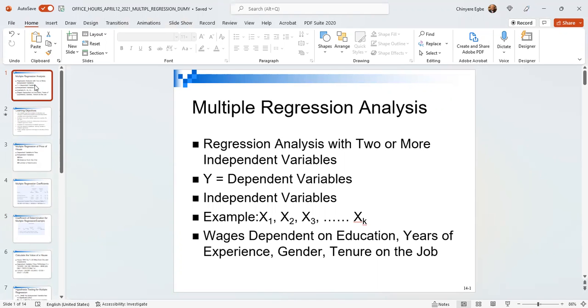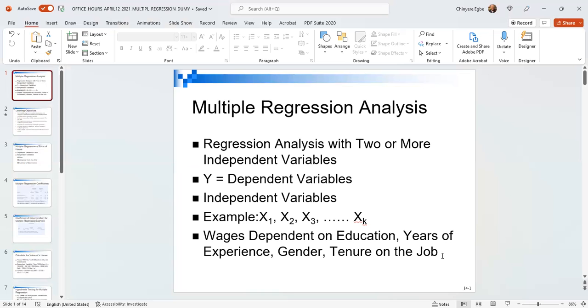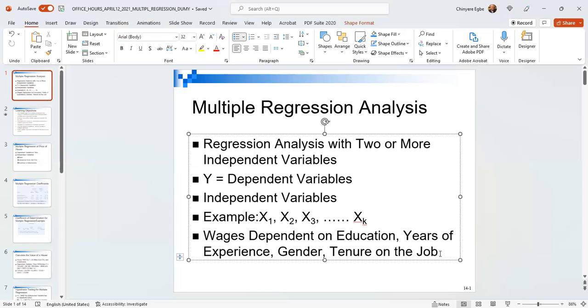The years of education also could be a factor, in the sense that somebody who has more degrees is likely to be put in a position where they're going to make more money. Then years of experience: if somebody has a lot of experience elsewhere, they're going to be offered more money than somebody who has no experience. All right, so this is an example of multiple regression.